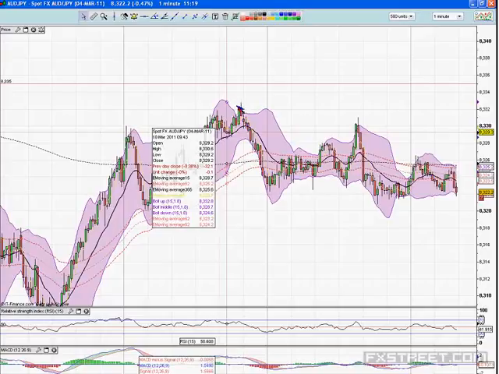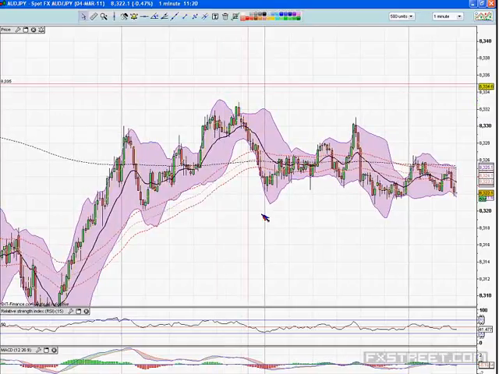I then get a not great reversal pattern, and then she comes back inside. What I'm looking for at or around this level, giving it sort of 5, 10 ticks, maybe not 10 ticks, is sell signals, and I'm looking at scalping.